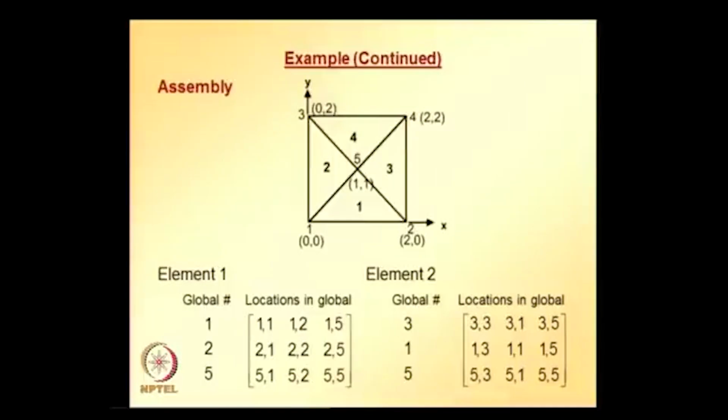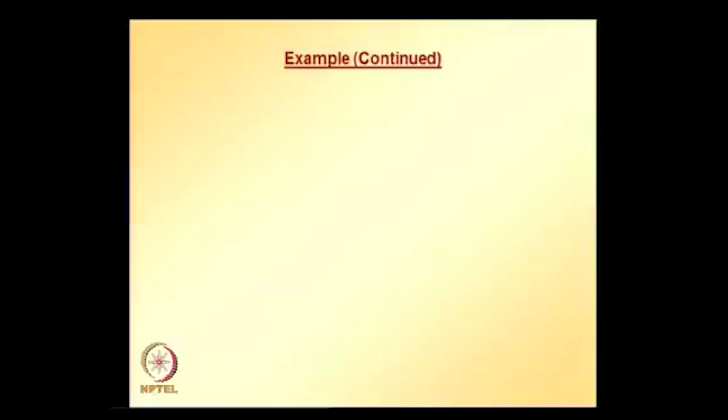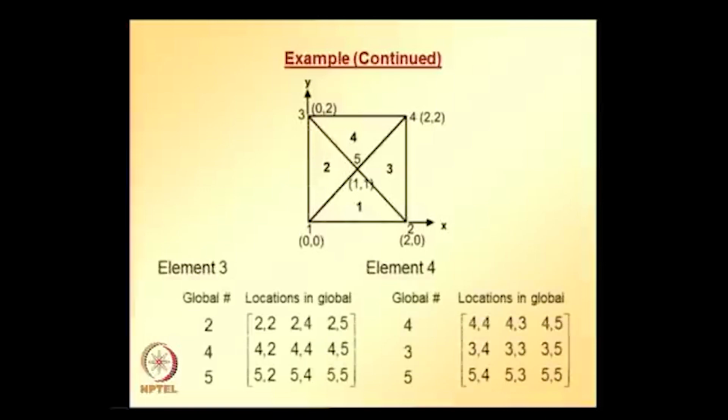Similarly, for element 2 the contribution goes in 3, 1, 5 rows and columns of the global equation system, and element 3 contribution goes into 2, 4, 5 rows and columns of the global equation system.